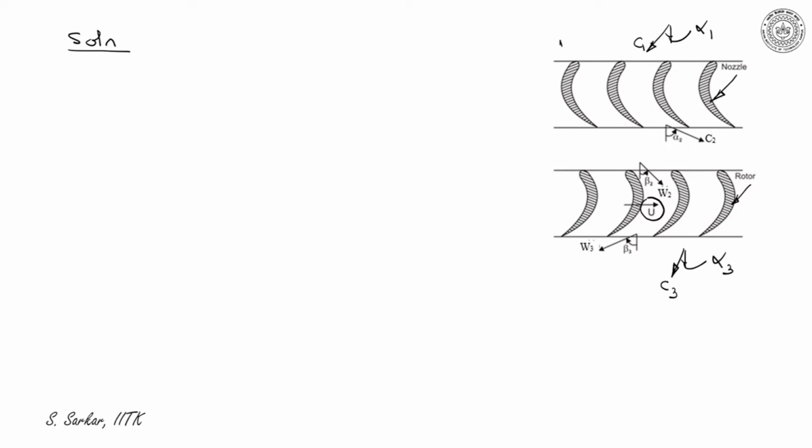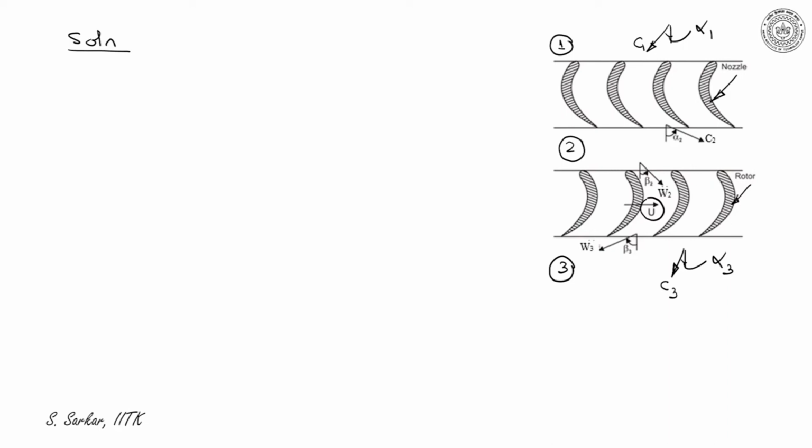Now state point 1 indicates the condition of flow at inlet to the stage. Similarly, state point 2 indicates the exit from the nozzle, and state point 3 indicates the exit from the stage.